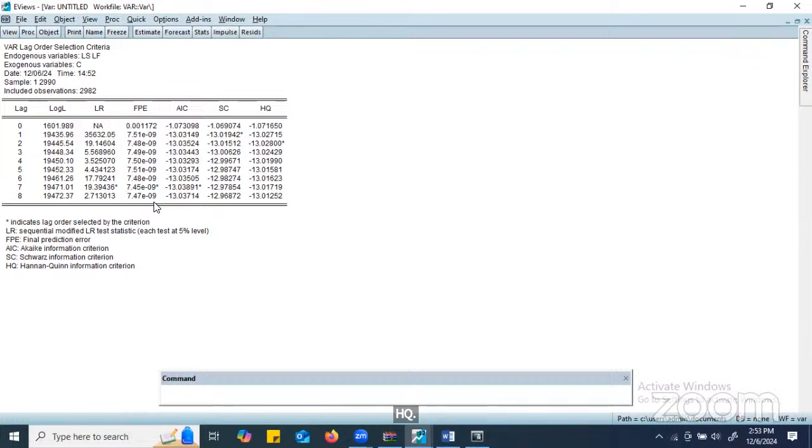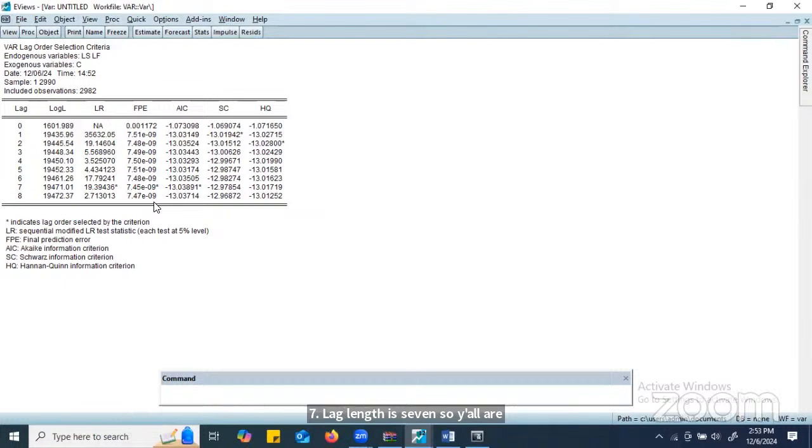Look at the LR column. Can you see the star? So what is the lag length? Forget about the statistic: 7. LR suggests lag length 7.